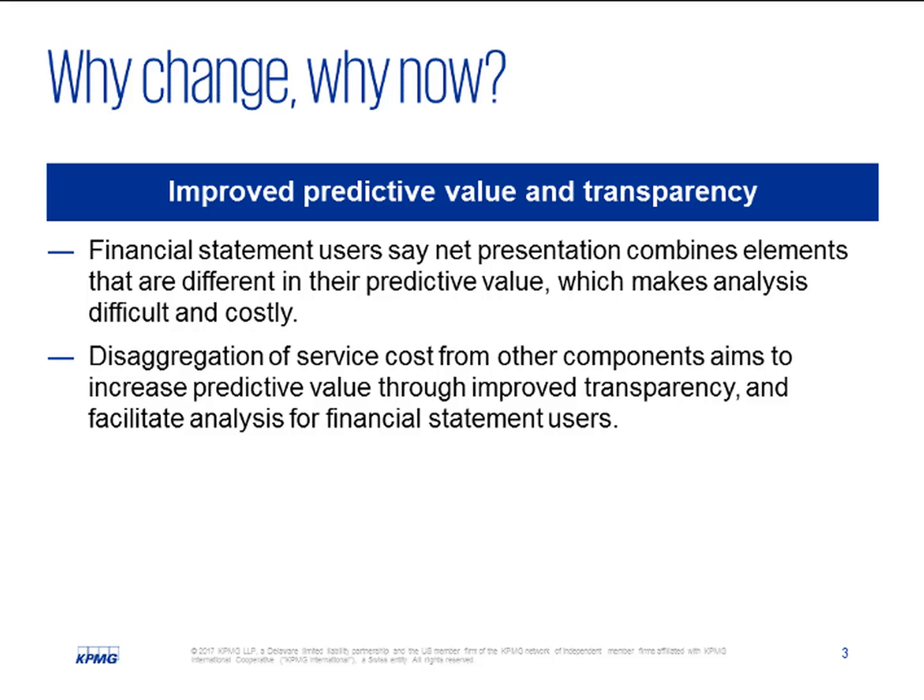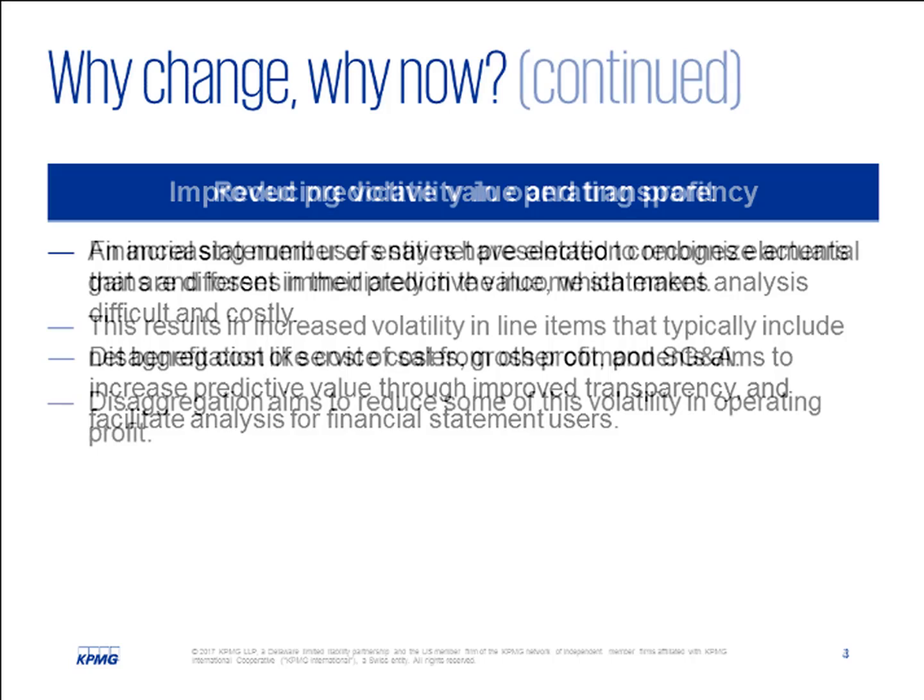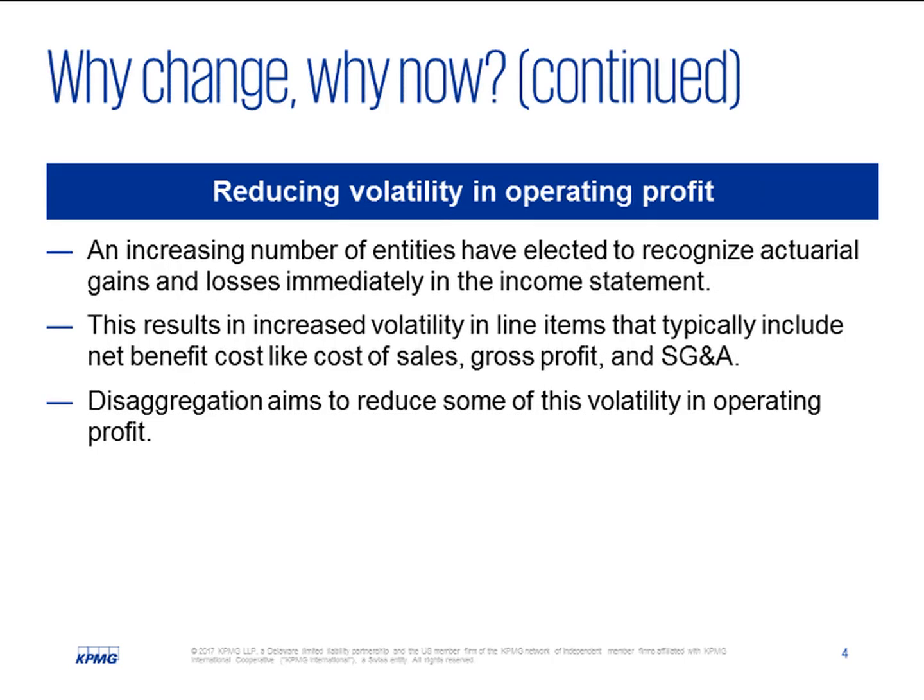Stakeholders told the FASB that the different components of net benefit cost have different predictive values, and it can be difficult and costly for financial statement users, such as investors, creditors, and donors, to analyze the components using the current presentation. That's interesting. Also, from what I understand, more and more companies are recognizing actuarial gains and losses immediately in the income statement.